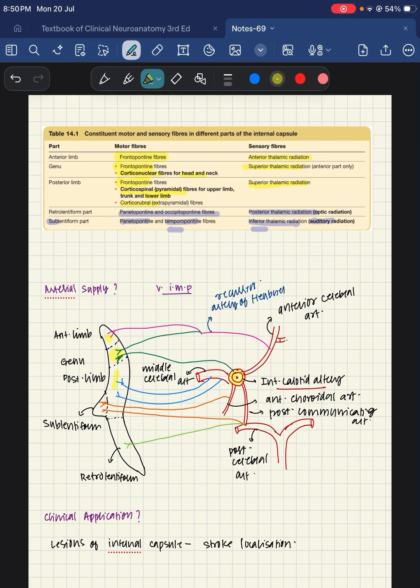So this artery from the anterior cerebral artery has a special name, so you always have to remember named arteries. This one takes a recurrent course, so it is known as the recurrent artery of Heubner. You will see in the anatomical correlations that if this artery is involved, the structures in the anterior limb will be involved.